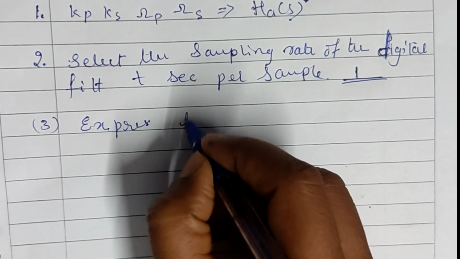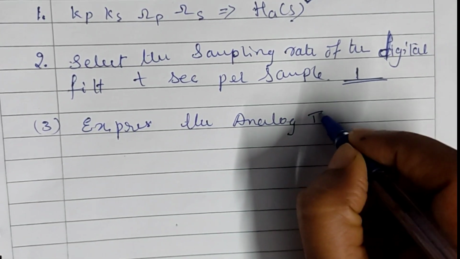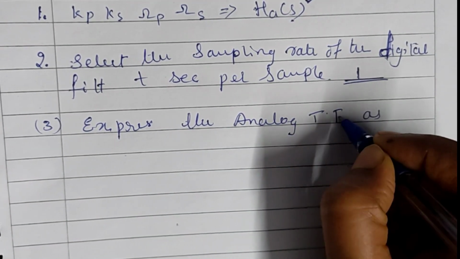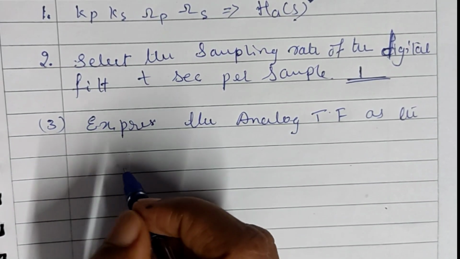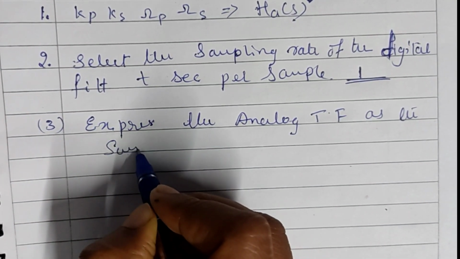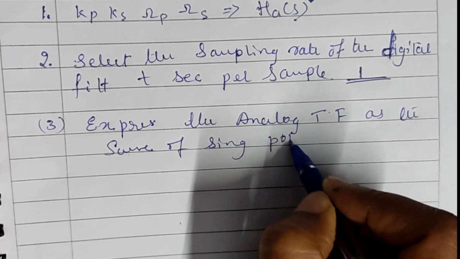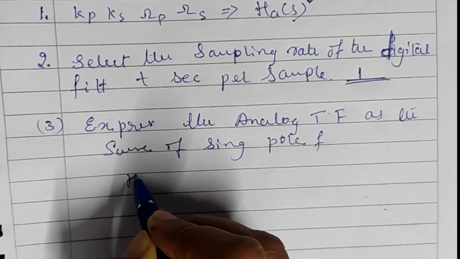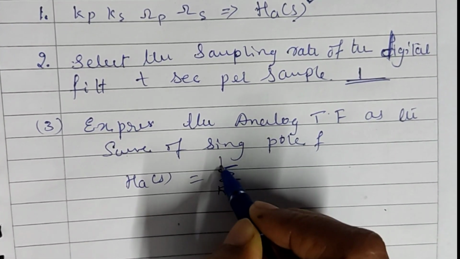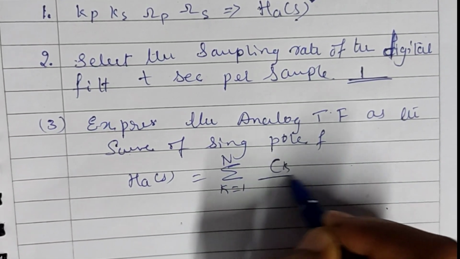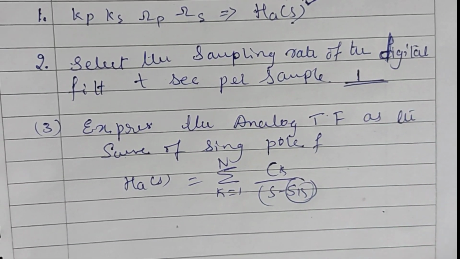Then the third step: we express the analog filter transfer function as the sum of single pole filters. That is, HA of S is equal to summation of K is equal to 1 to N, Ck divided by S minus Sk, where Sk is nothing but our poles.